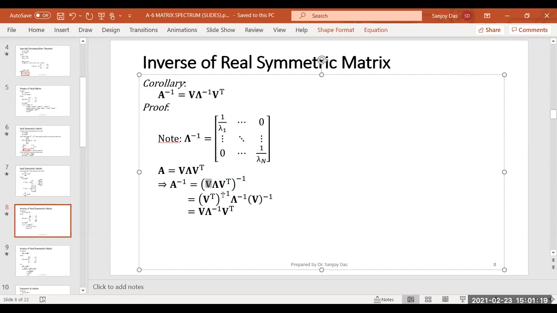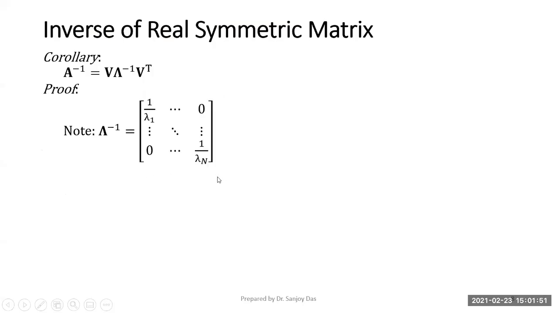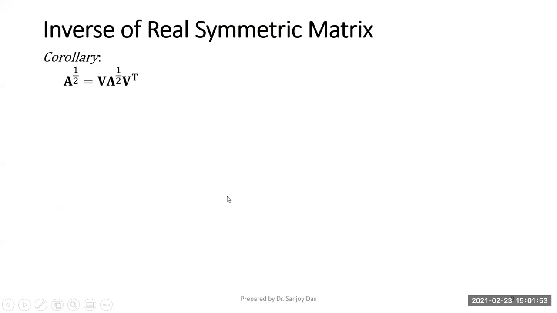Since V is a unitary matrix, its inverse is its transpose. So V transpose inverse is V, then lambda inverse, and then V inverse is, of course, again V transpose. So A inverse equals V lambda inverse V transpose. Any question? No. Okay, this is pretty straightforward.